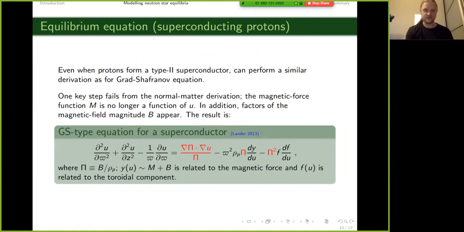There's this capital Pi as defined there. The Y function is almost the same as the magnetic force scalar function, but not quite. And again, the F basically describes what the toroidal component does here.